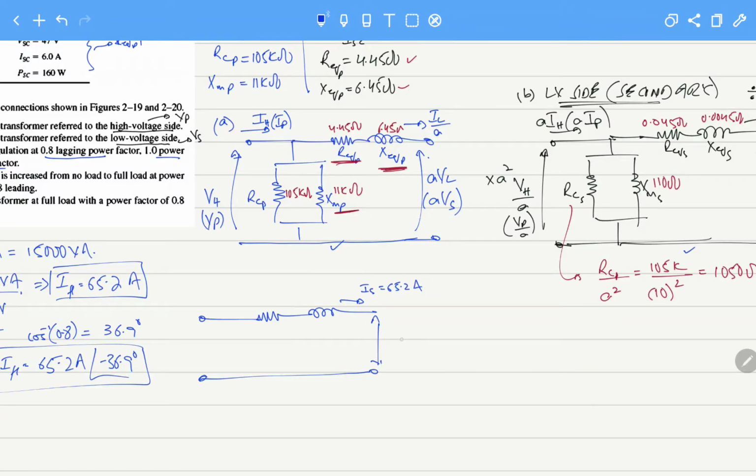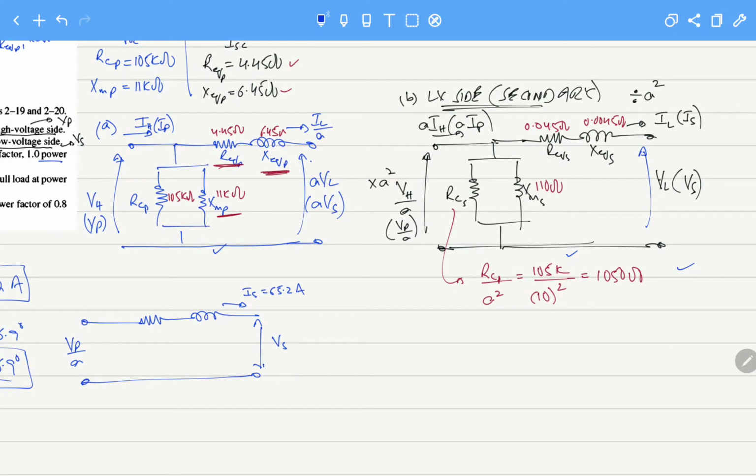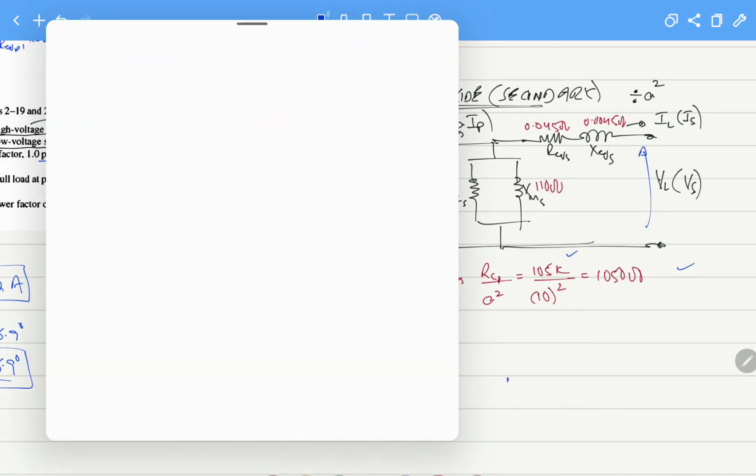This voltage is the voltage at the secondary side, or our load voltage, and this voltage is Vp over A, the primary voltage. There are two books, and they follow different conventions for writing the notation. So this is actually Vh over A. This concept should be clear in this scenario.